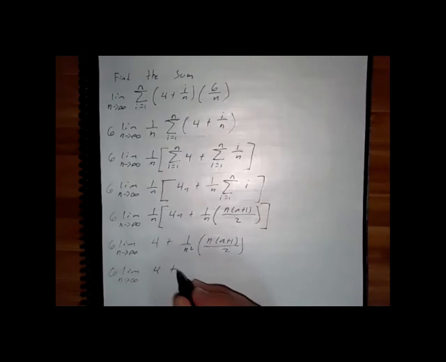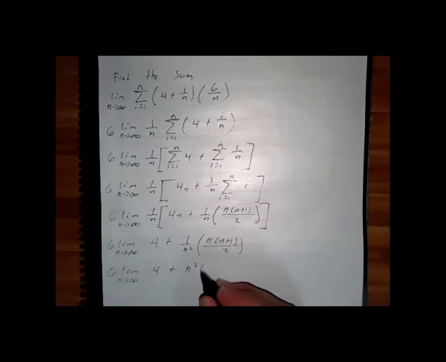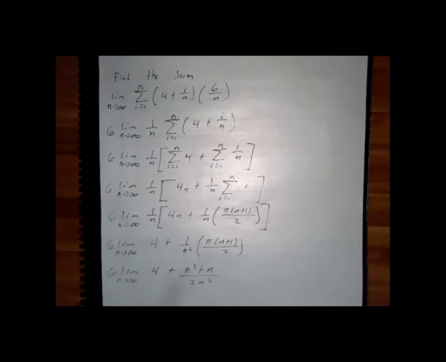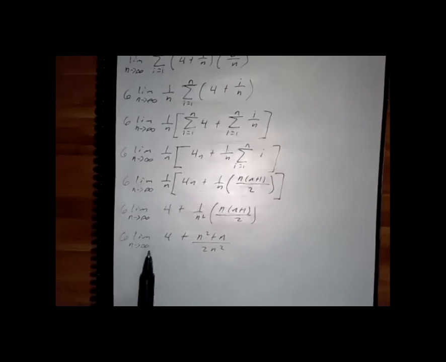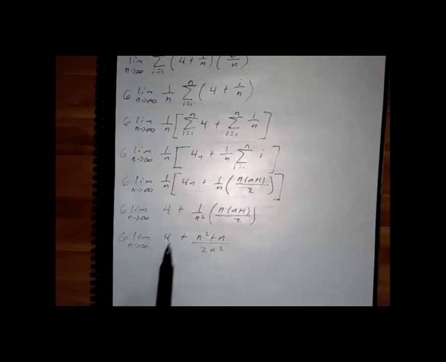So it'll be 4 plus n squared plus n over 2n squared. Now you see when I take the limit will have no effect on the 4, right? There's no n here. It's just going to be 4. This guy has the same degree top and bottom, so this limit will become 1/2.